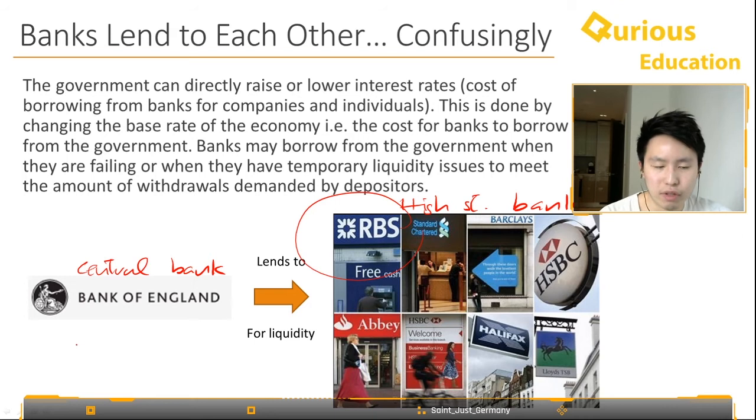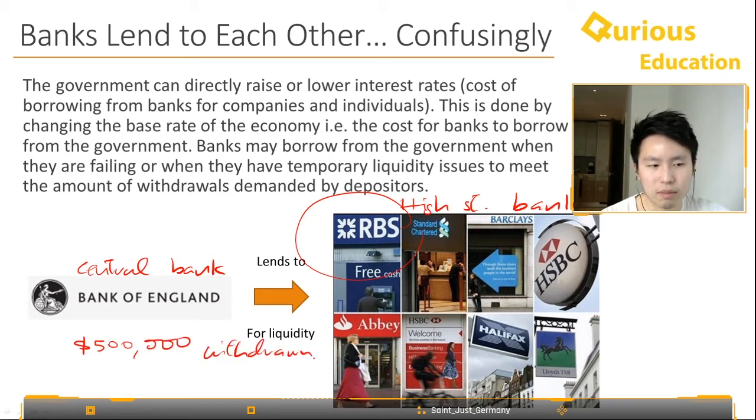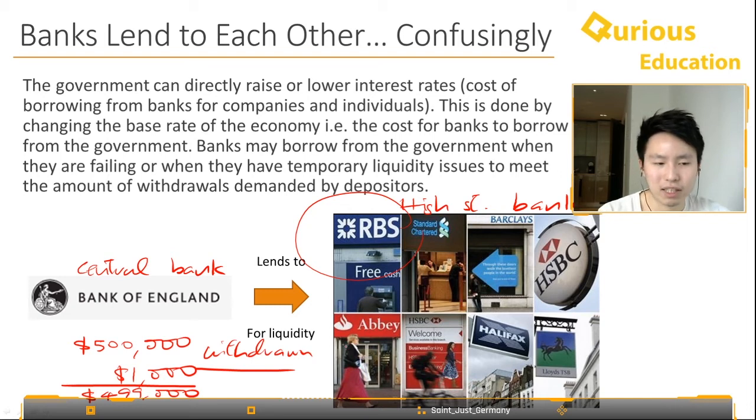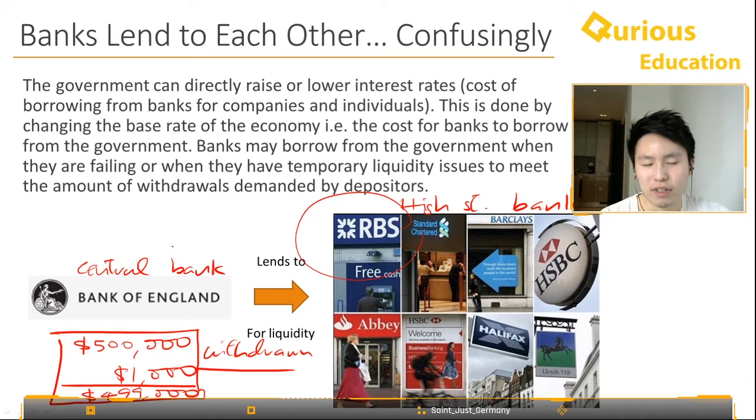So let's say in total today $500,000 was withdrawn, but the bank only had $1,000. That means the bank needs to borrow about $499K from other banks or from the central bank, to have enough money for the withdrawals from the public and to ensure that they stay liquid and have enough cash for their daily operations.